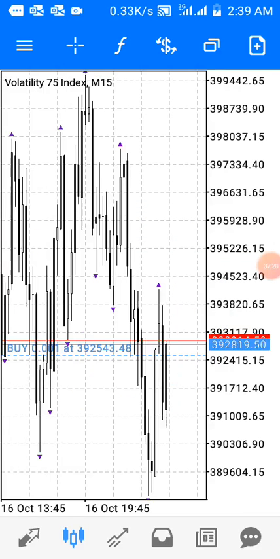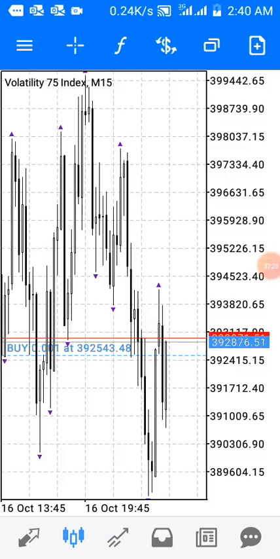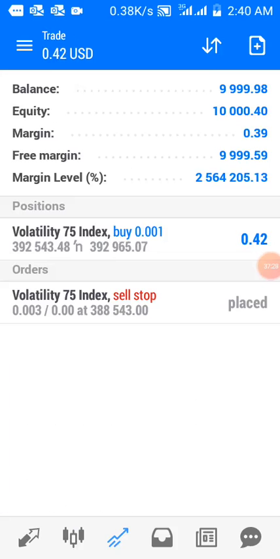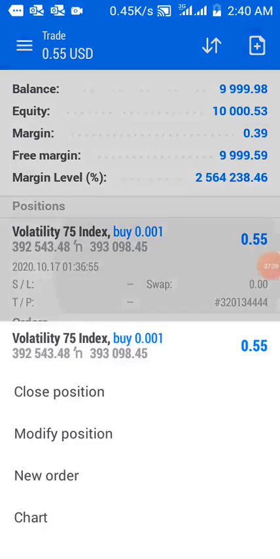Let me go back to the 15 minutes time frame. Now my take profit for the buy could be 1,000 points, or I could set it at 2,000 points. If I set my take profit for the buy trade at 2,000 points, I will now have 394543.